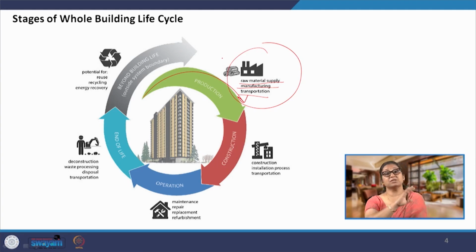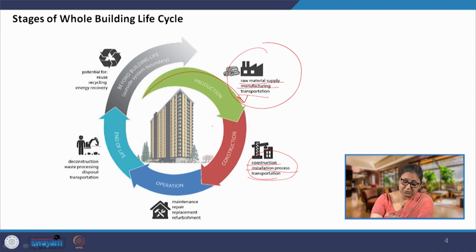After that, when the material has reached the site, we are constructing the building. So, we are talking about construction, all the installations that are going to happen of different equipments, different services, and in between we also have transportation, which usually is a significant factor contributing towards emissions. Some of the activities are also happening in between.